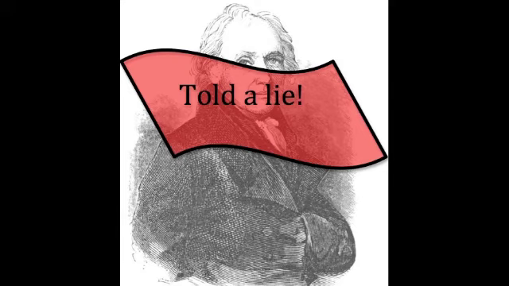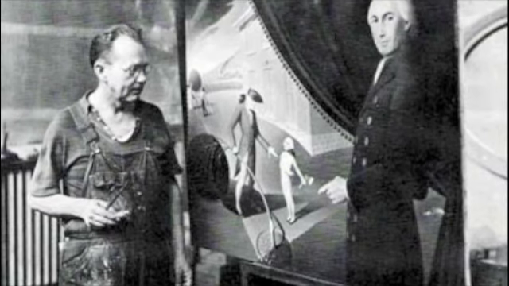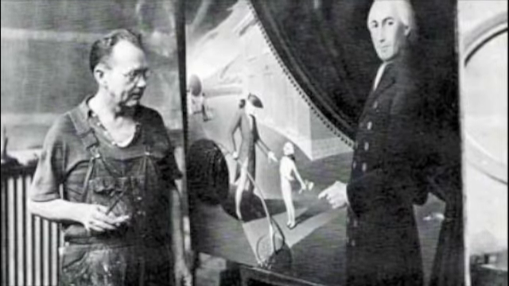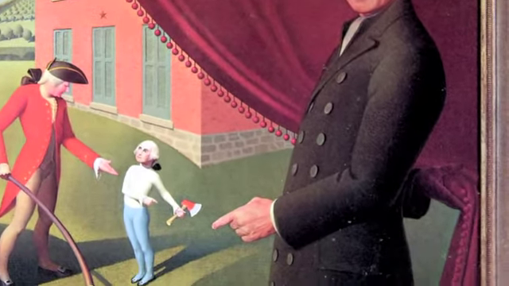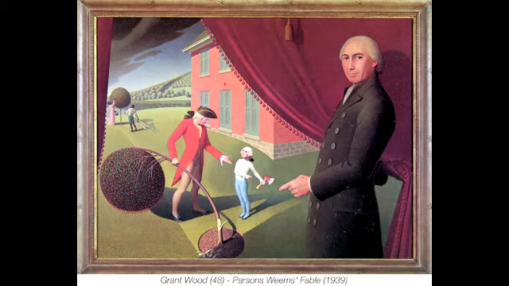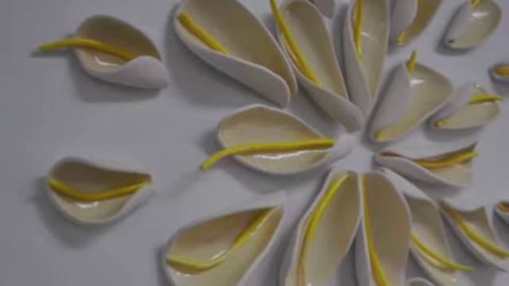So how did we get this story? Well, George Washington was Parson's hero, and Parson had made up the story to glorify his hero. So Parson Weems was, in fact, the one who had told the lie. So this artist is showing the story that Parson Weems made up by having Parson pull back the curtain and point to his story.